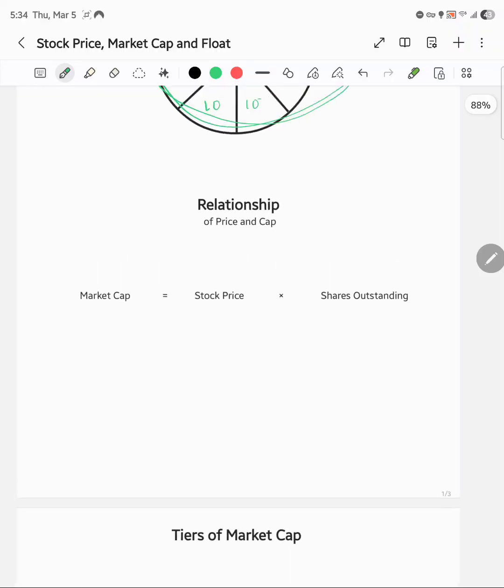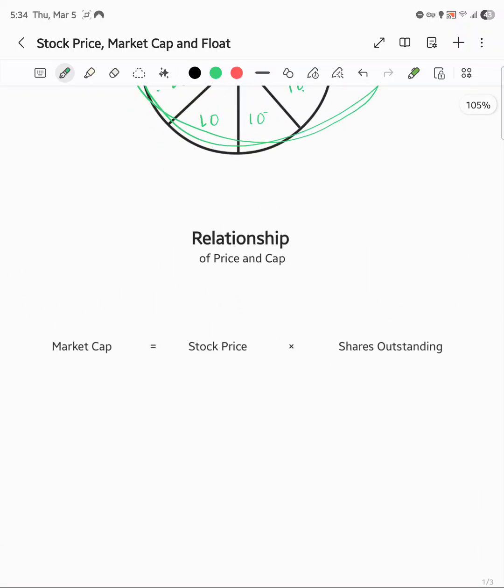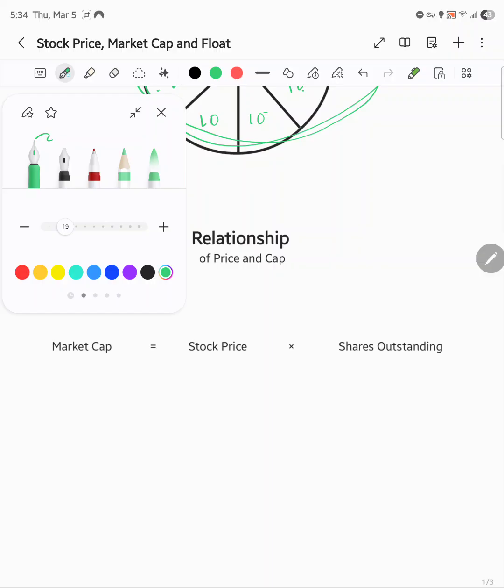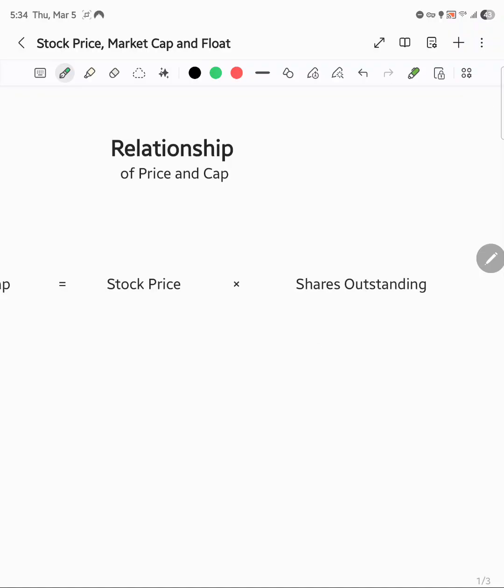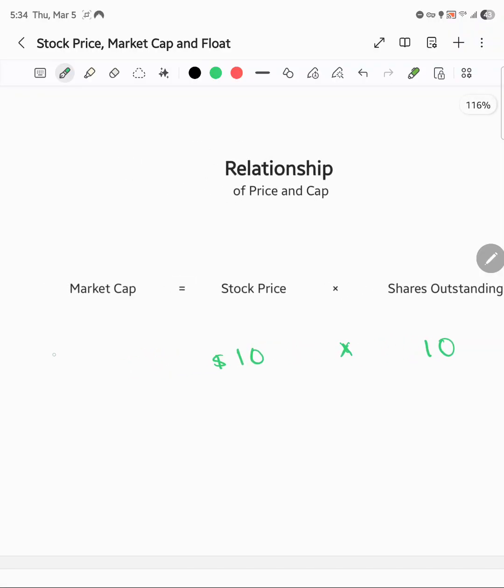Okay, now let's say, as an example, we have outstanding shares of 10 in total, okay? And let's say the stock price is $10. So the market cap is going to be $100.